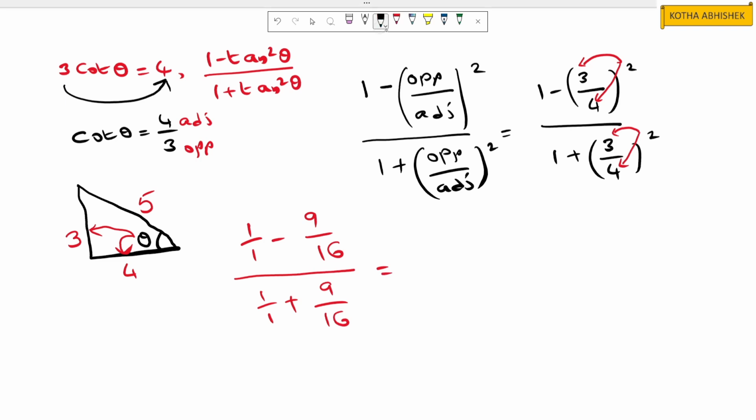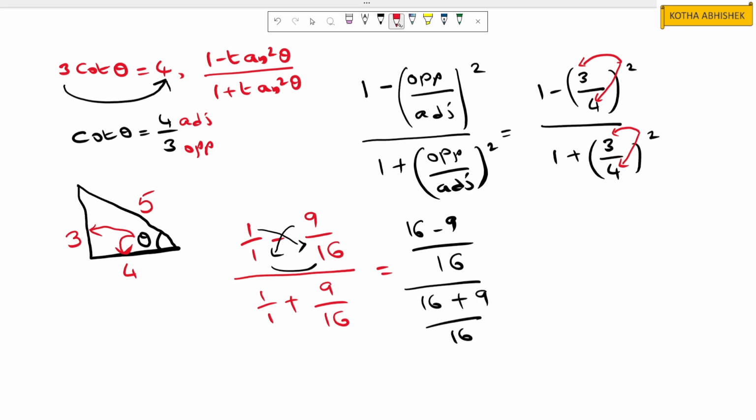So I am going with the cross multiplication. 1 times 16 is 16 minus 9 times 1 is 9, whole divided by 1 times 16, 16, whole divided by 1 times 16, 16. The only difference between numerator and denominator is just the symbol. So here plus 9 divided by 16 as it is. Now if we observe both the numerator part and denominator part, here 16, 16 both will get cancelled. So we remain with 16 minus 9 is 7, whole divided by 16 plus 9 is 25. So the value is 7 divided by 25.